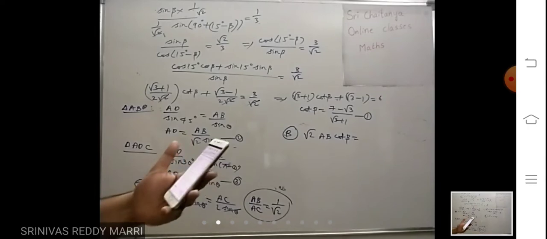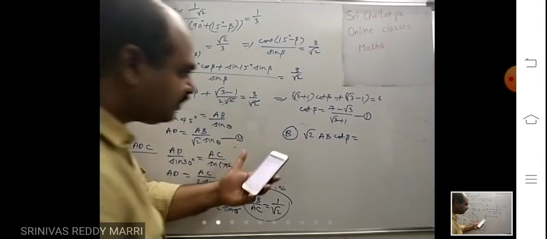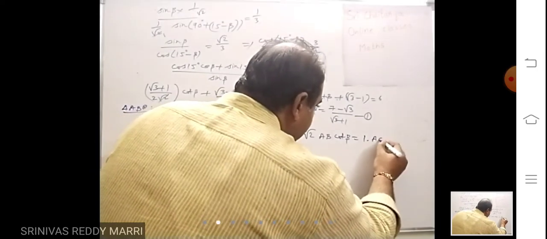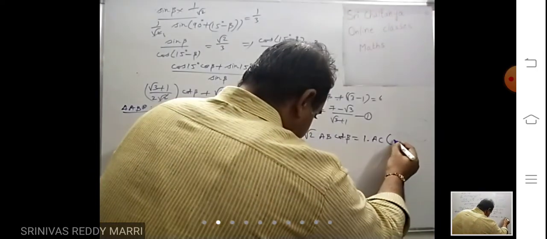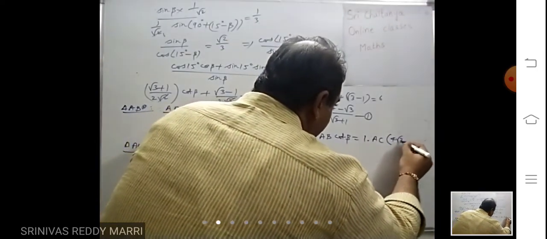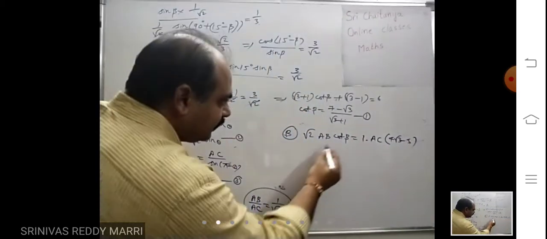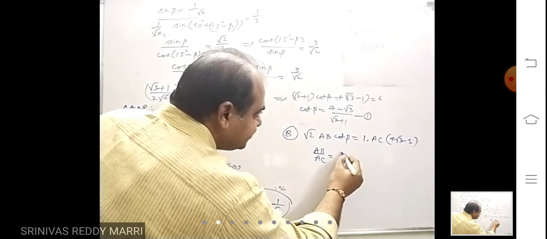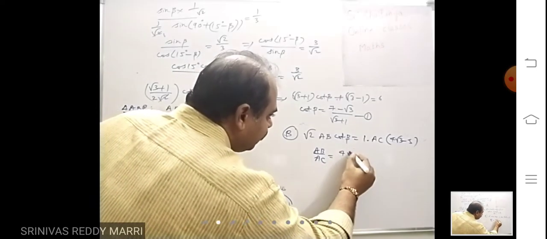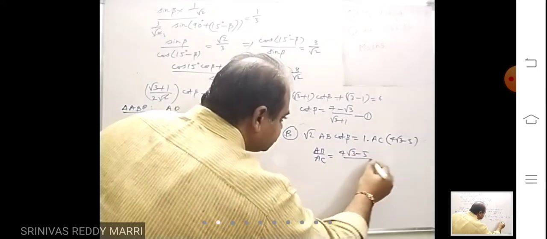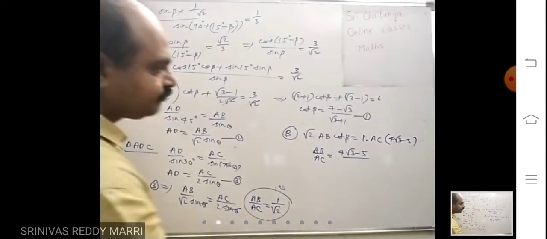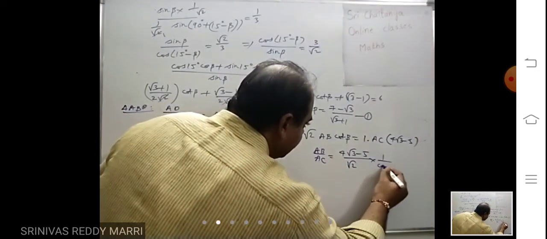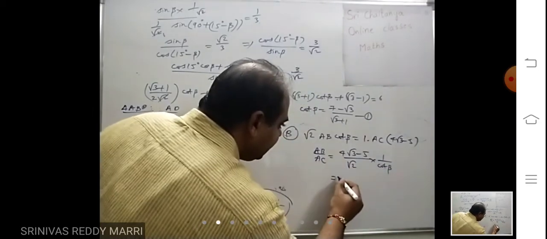Look, AB by AC I am calculating. AB by AC is nothing but 4 root 3 minus 5 divided by root 2 into 1 by cot beta. This value I am calculating.